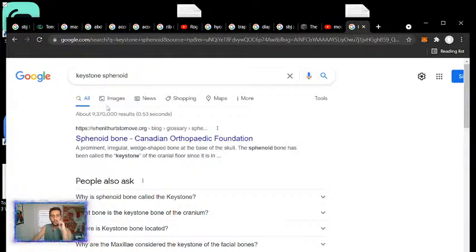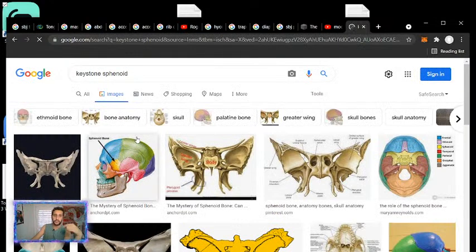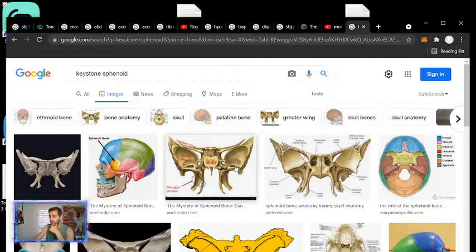As I try to learn how to present this, you don't even need to look at the sphenoid and the occiput as separate from the spine. Is there really any good reason to look at your skull as separate from your spine other than convenience of education? It all connects into the same thing.